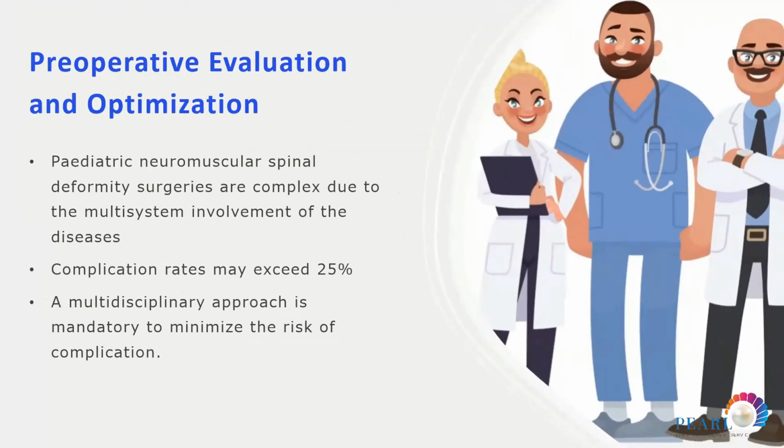Pediatric neuromuscular spine deformity surgeries are very complex, and because the patient has multi-systemic involvement of the disease, the complication rate is very high, about 25%, and teamwork is very important for this kind of surgery.